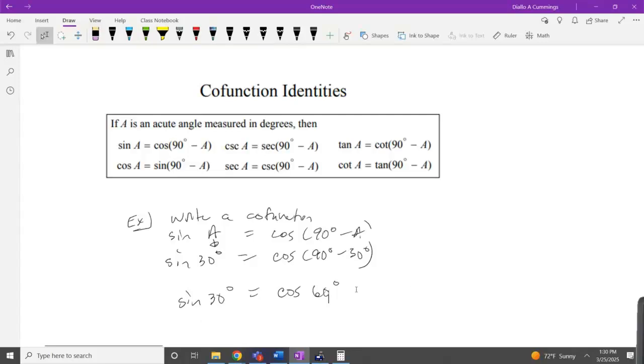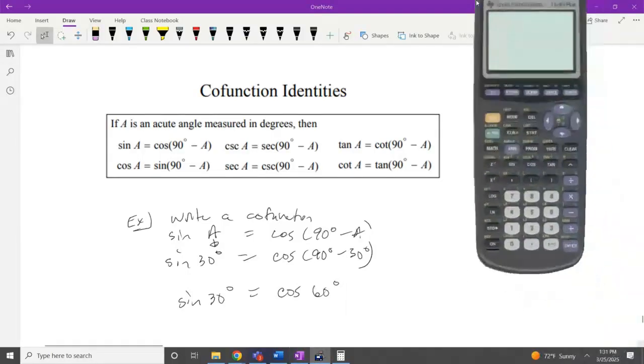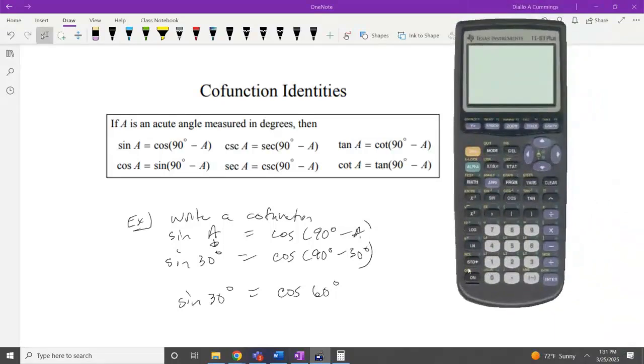Which means that these actually have the same value. What I mean by that is, if we were to evaluate the sine of 30 and the cosine of 60 degrees, they have the exact same value, just written a different way.